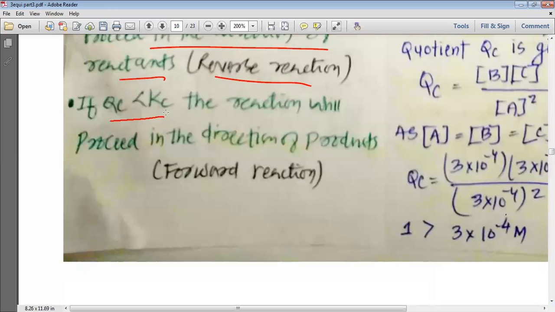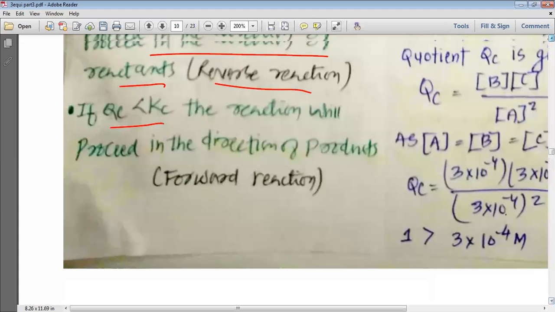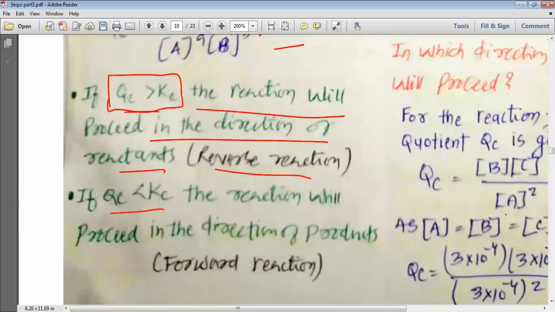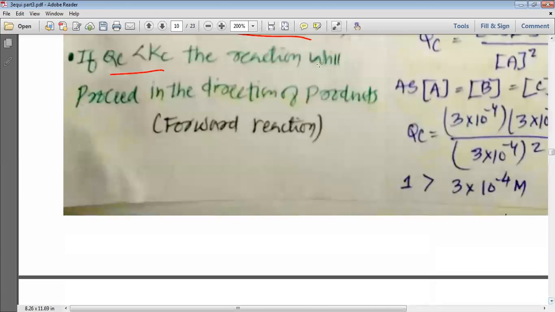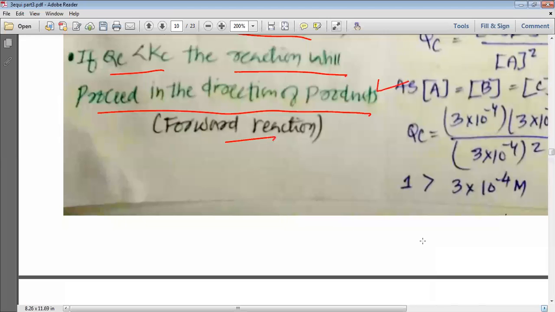If the value of Qc is less than Kc, sorry, if the value of Qc is greater than Kc, then the reverse reaction takes place. If I have made a mistake, please consider it. And if the value of Qc is less than Kc, then the reaction will proceed in the direction of the products, and the forward reaction takes place.